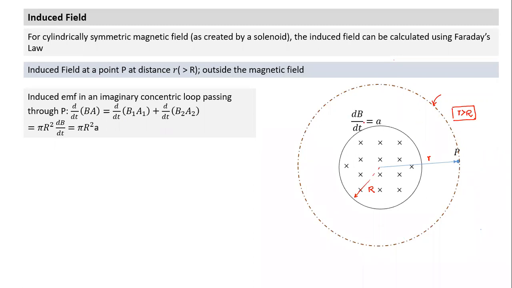There are two regions here: in one area there is a magnetic field, and in the other area there is no magnetic field. So when we calculate flux, we calculate it for two regions: d by dt of B1A1 plus B2A2, calling this area 1 with suffix 1 and this area 2 with suffix 2.